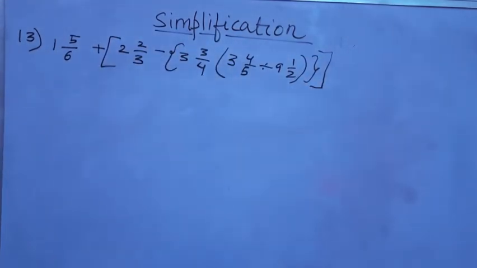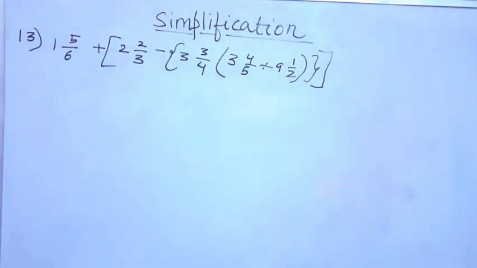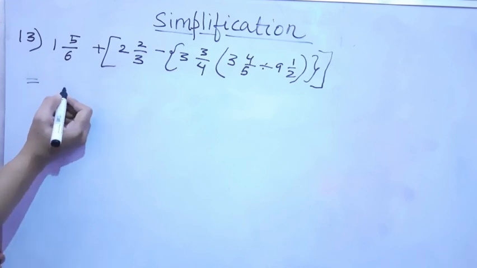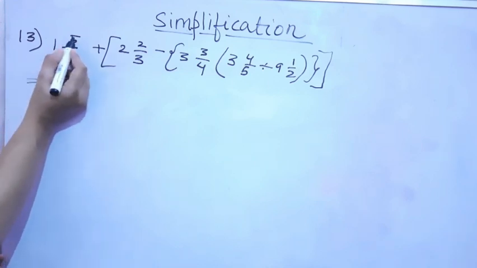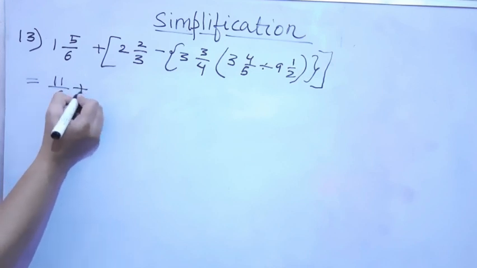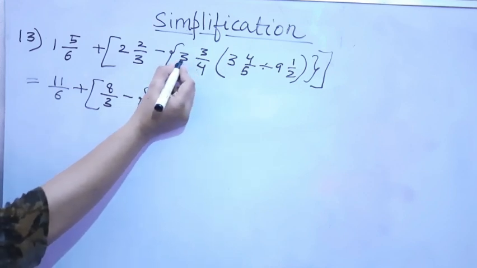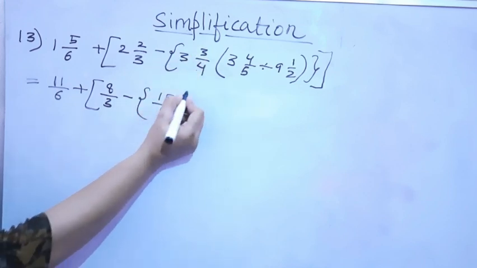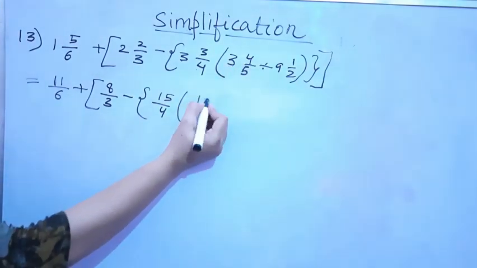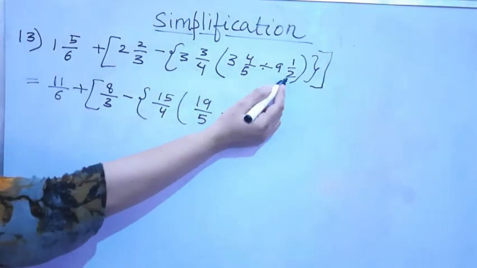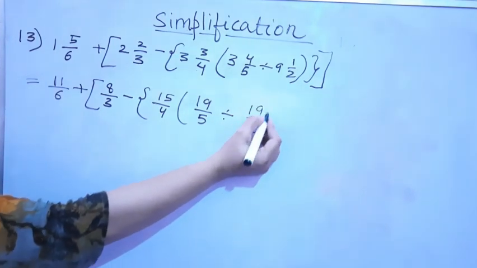Okay students, so how do we have to do this question? What is the first thing which we have to keep in our mind? Yes, the first step is to convert all the mixed fractions into improper fractions. 6 ones are 6, 6 plus 5, it will be 11 upon 6. 3 twos are 6, 6 plus 2, 8 upon 3. 4 threes are 12, 12 plus 3, 15 upon 4. 5 threes are 15, 15 plus 4, 19 upon 5. 2 nines are 18, 18 plus 1, 19 upon 2.